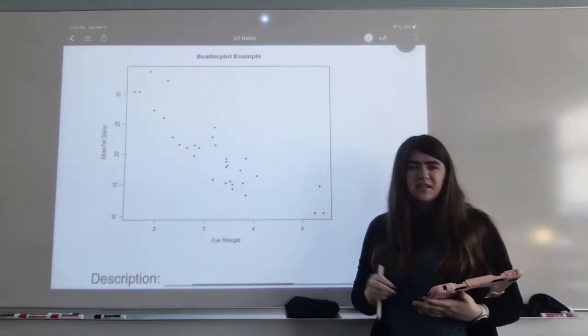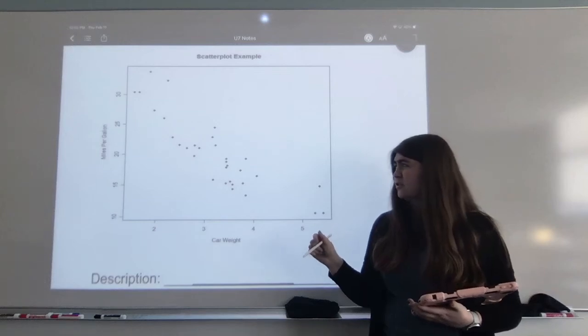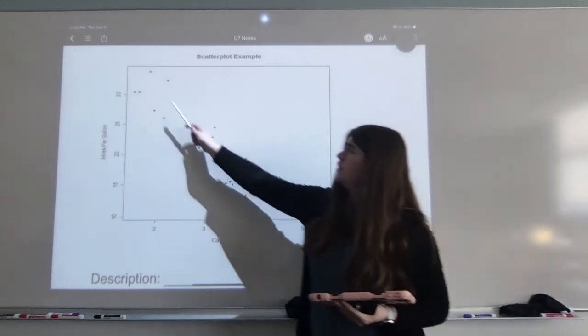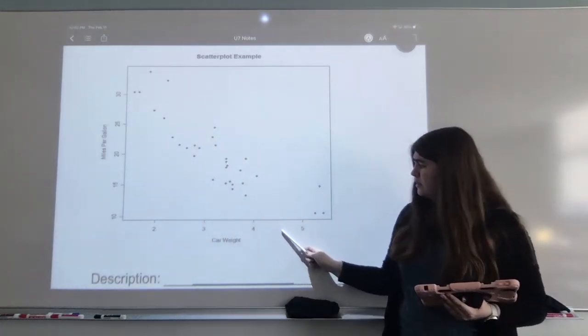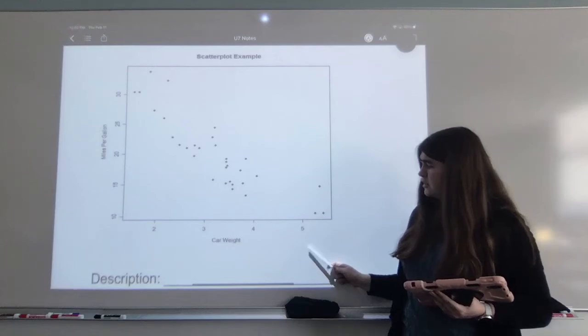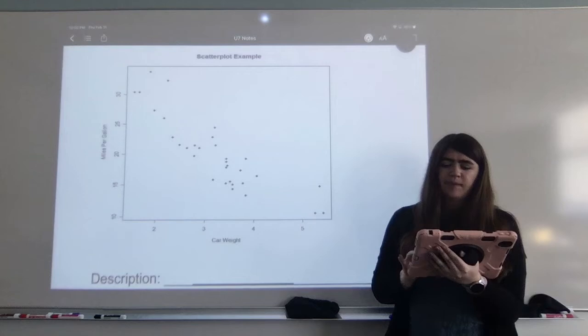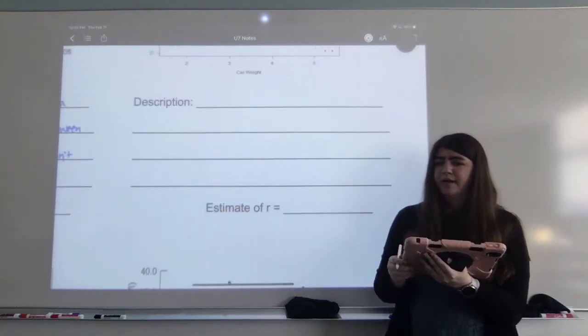Strength, I'm going to say this is pretty moderate. It's not super strong, but it's also not so weak that you can't tell what's going on. And for outliers, if we go down the middle, forming a line, it does look like there might be a couple of outliers. And we don't need to specify which ones they are in our description. So I'll show you what to do with that.